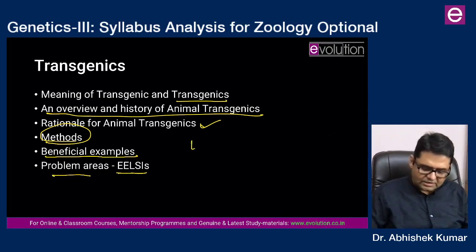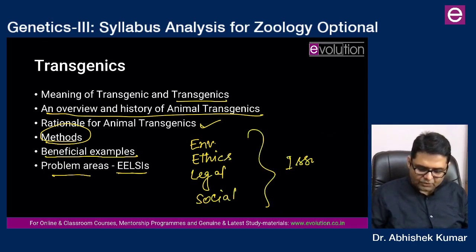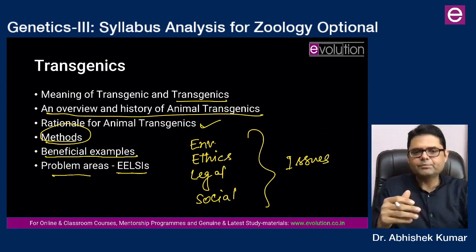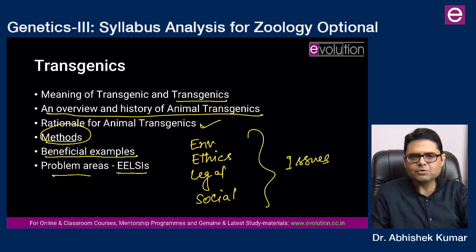ELSI. First E is for environment, second is for ethics, L is for legal, S is for social, I is for issues. So when we go with transgenic animal formation, there are going to be environmental issues, ethical issues, legal issues, and social issues around this, and you have to deal with each one of these issues before you can claim success with transgenic animals.